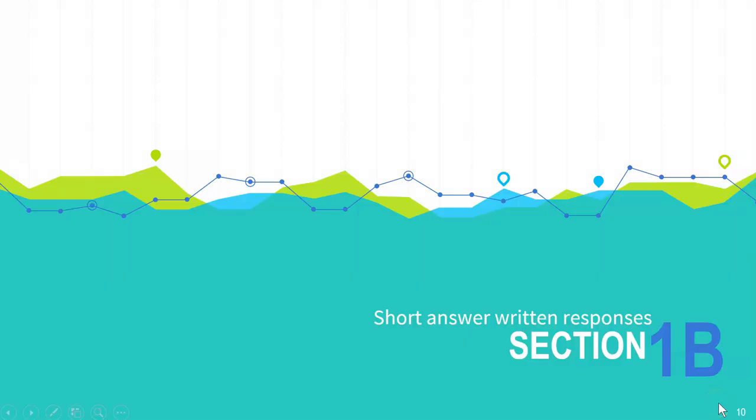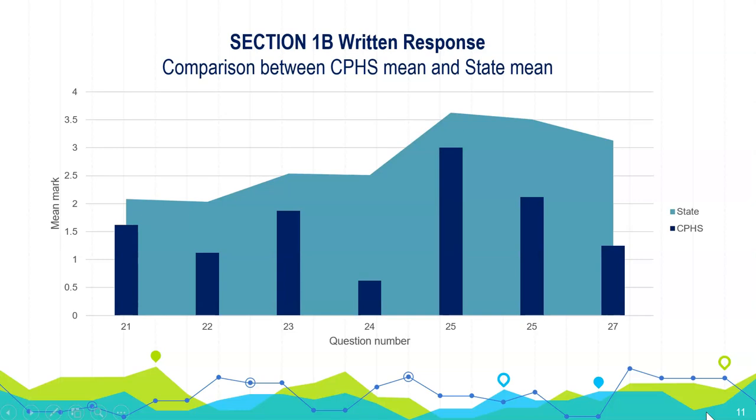So looking at the short answer written response questions. NESA RAP data was used to create a graph to illustrate how our students performed, so our CPHS mean, in comparison to other students across the state, which is shown as a state mean in the lighter greeny grey colour.